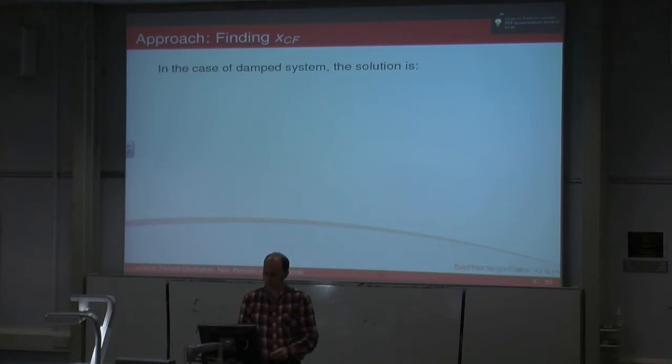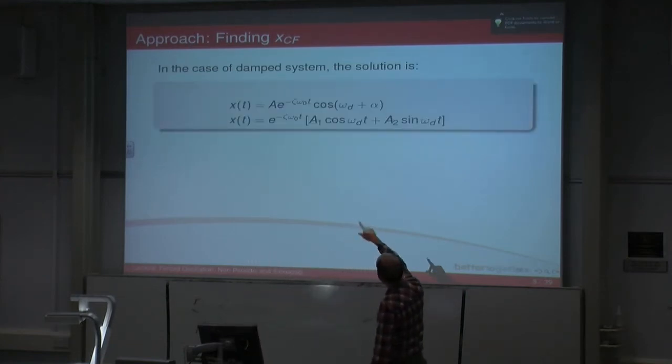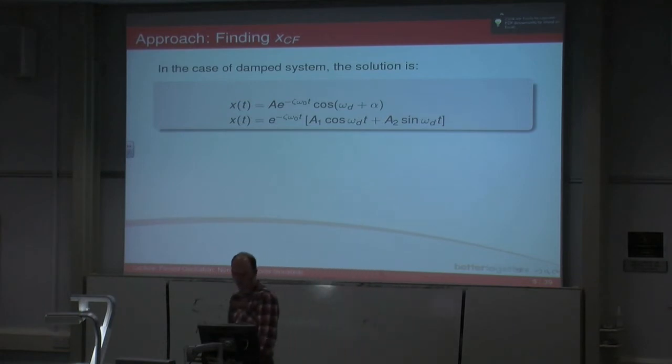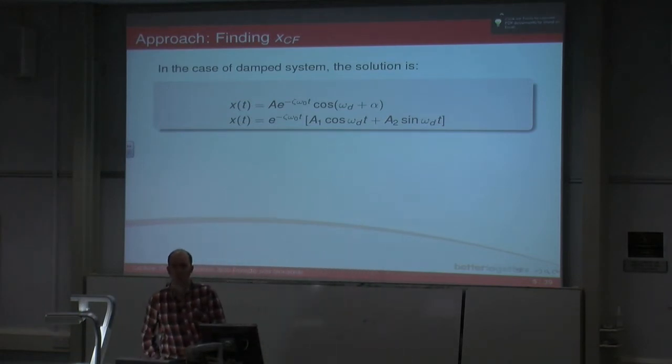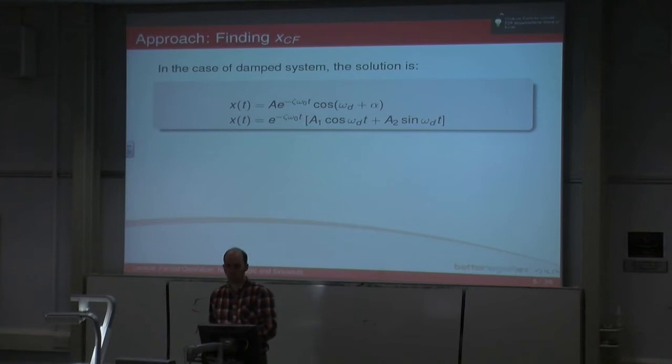In the case of a damped system, you have very much a similar equation, except you have this exponential term in here, e to the minus zeta omega naught t, because it's a decaying exponential. It's got damping involved, so the whole oscillation will decay.